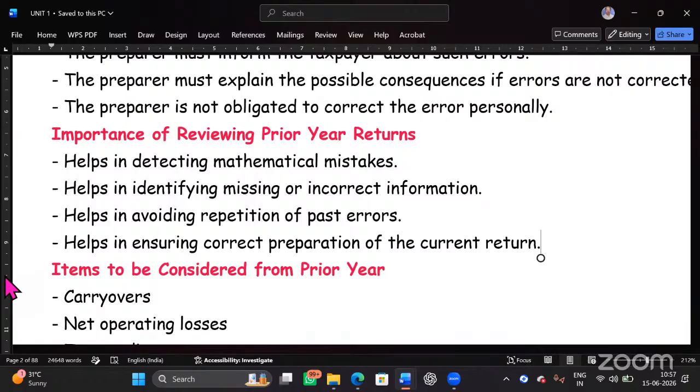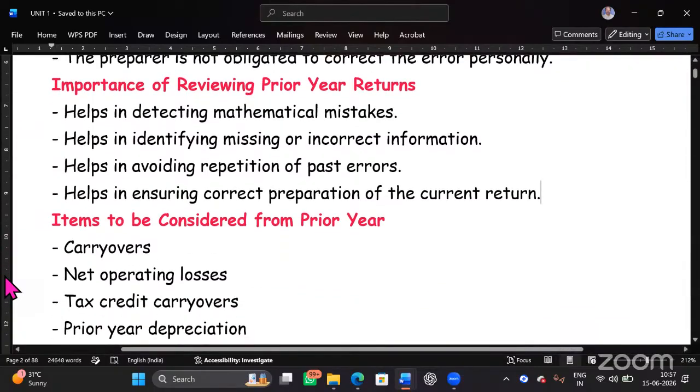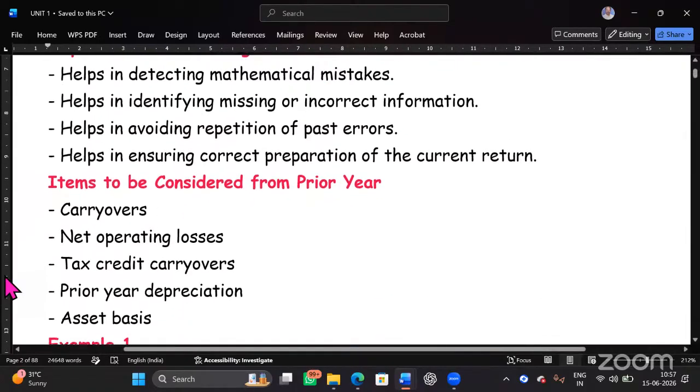If that information was forgotten by the taxpayer, then he will give that information so that the error will not happen in the current year filing of the return. That is the reason why to verify the previous year return while preparing the current year return.